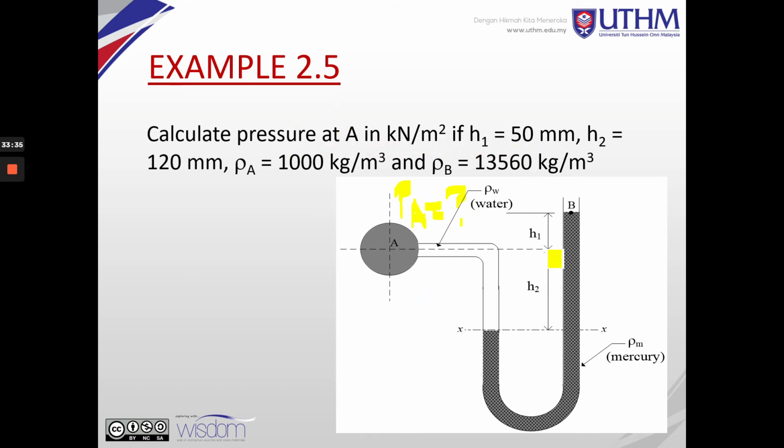H1 is 50 mm, H2 is 120 mm. The density of A, water, is 1000 kg per meter cube, and B here is mercury.